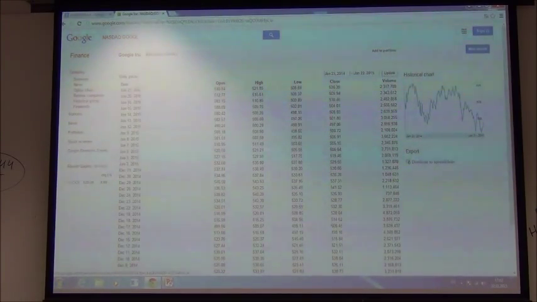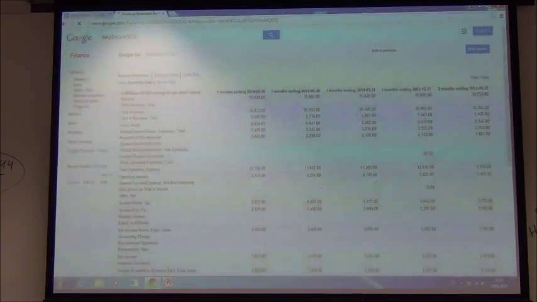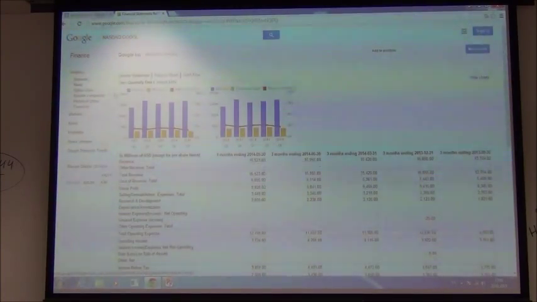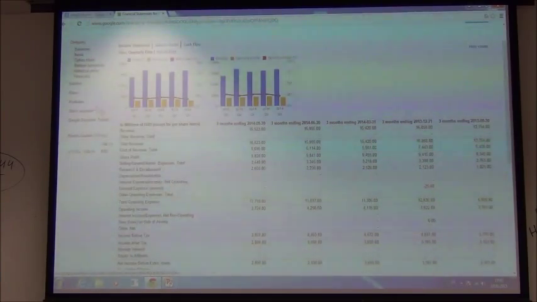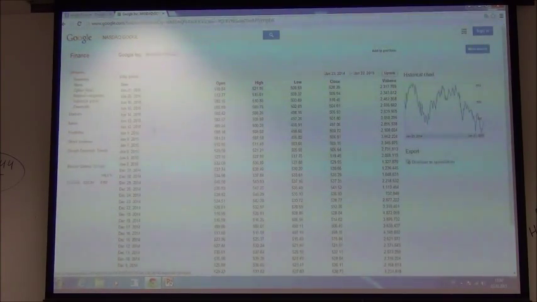If, for example, we took fundamental analysis, we would investigate the part about financials, revenue, profit, etc. But for technical analysis, we need to get historical prices. And here we press historical prices.